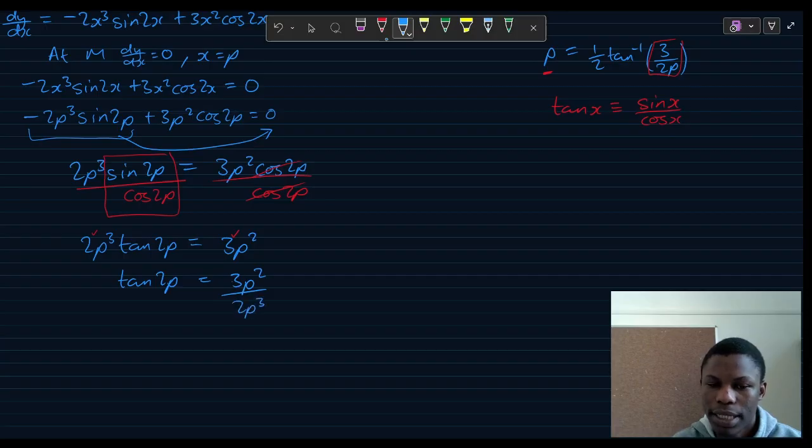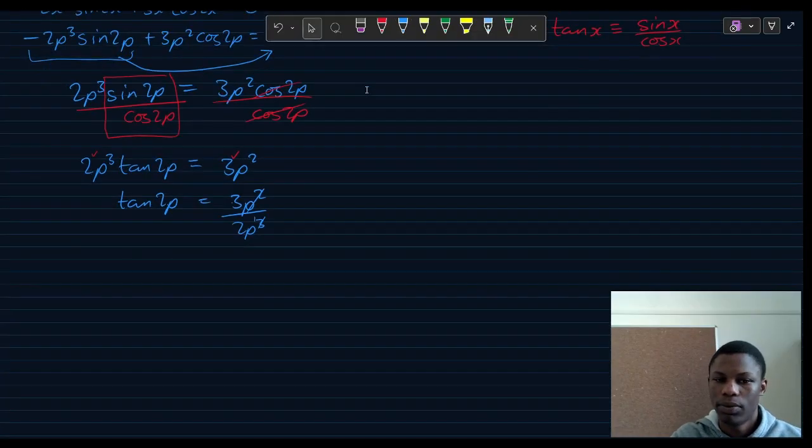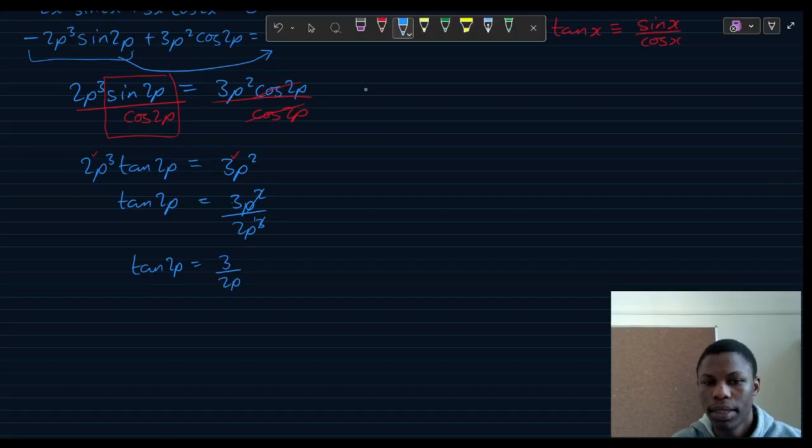So that I've got this 3 over 2 ratio that I'm seeing there. And the p squareds actually cancel out nicely. So p squared will cancel out the cubed and you're only left with 1p down there. So now we have that tan 2p is equal to 3 over 2p.